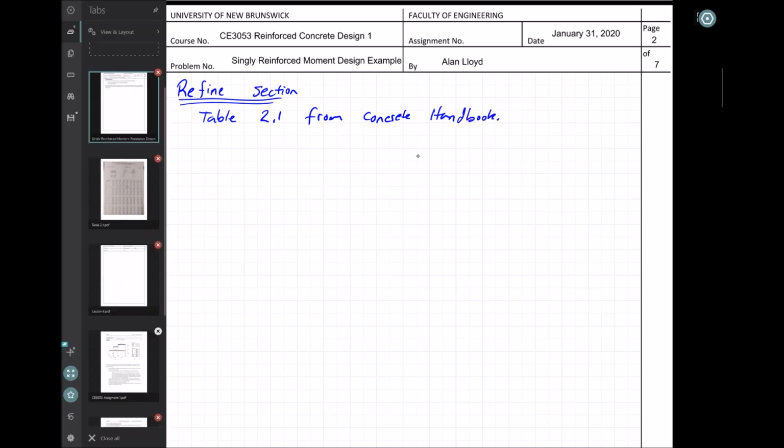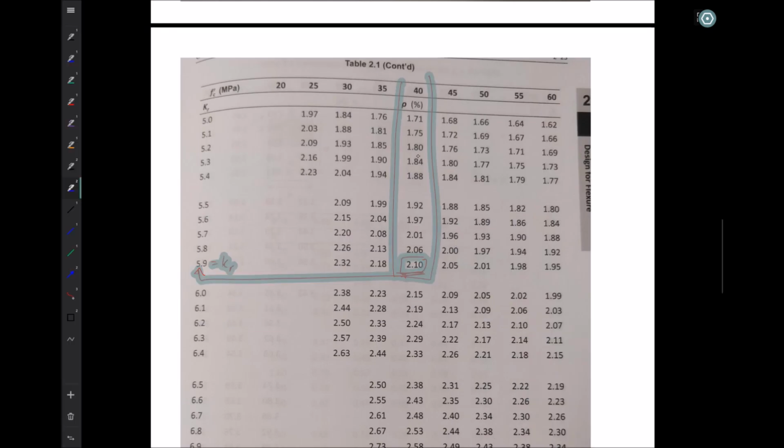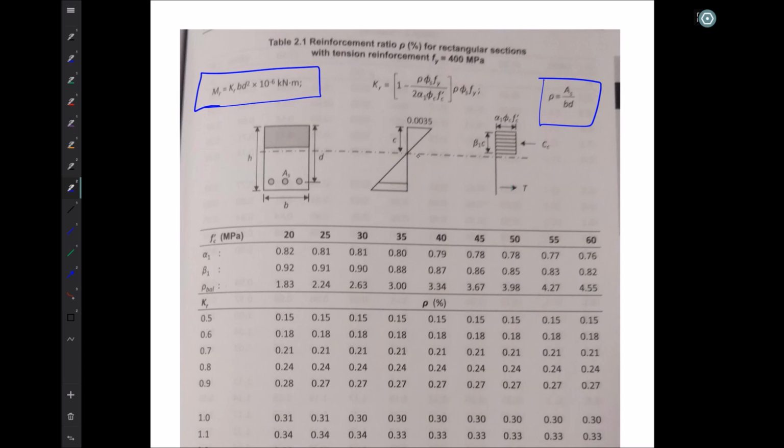Now, I've taken some photos of this table, and this is what we have here. That's information we'll use in a little bit. What we have in this table are mechanisms to calculate the moment resistance based on the amount of steel that we've placed into a given section, Rho.